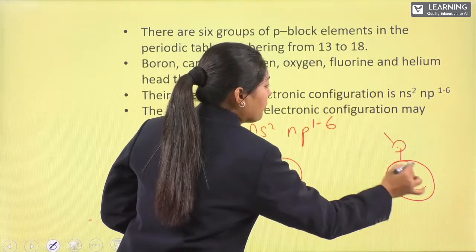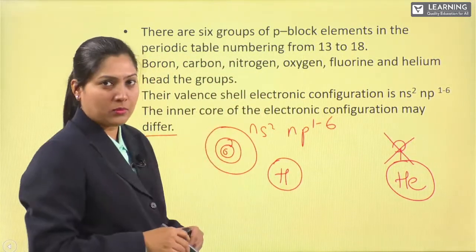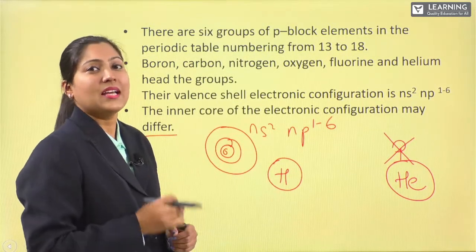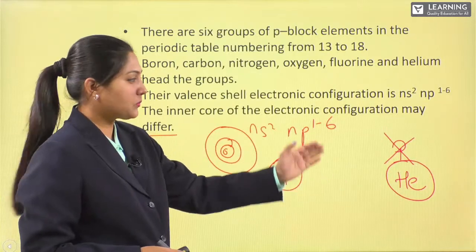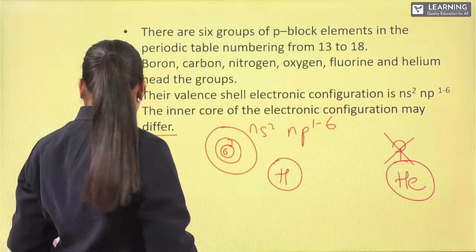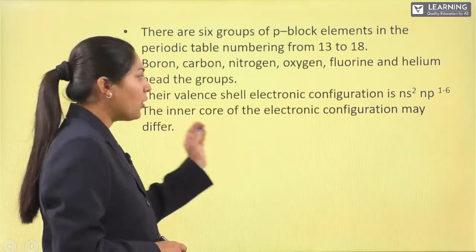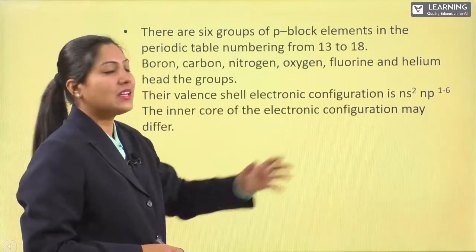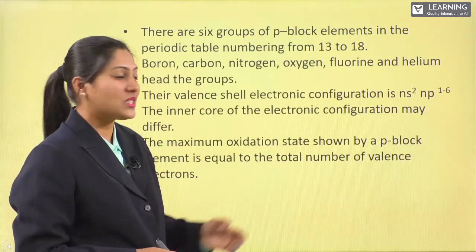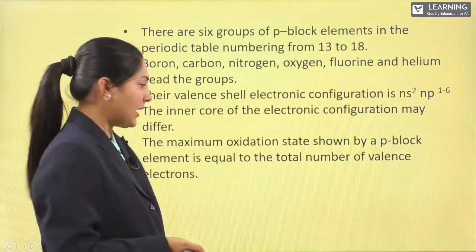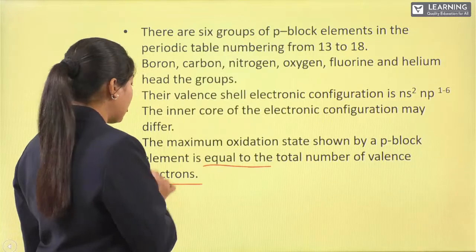Helium doesn't have a p orbital, but still it is in the p block elements according to its chemical properties, as it comes with the noble gases. Got it? So now the core electrons obviously differ, and the maximum oxidation state shown by the p block elements is equal to the total number of valence electrons present.